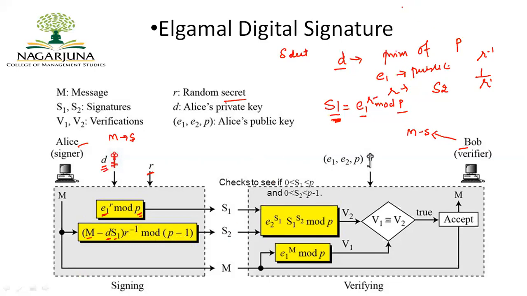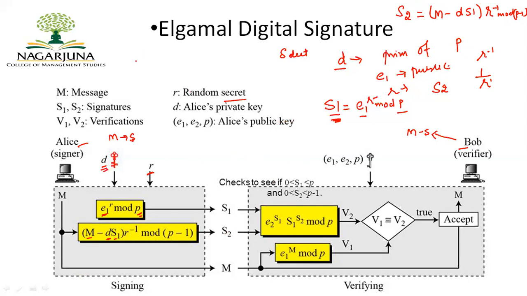So we calculate S2, where S2 equals the message minus the product of the private key and the first digital signature, multiplied by the inverse of the randomly generated integer R, and then a mod operation with P minus 1, where P is the large prime number.